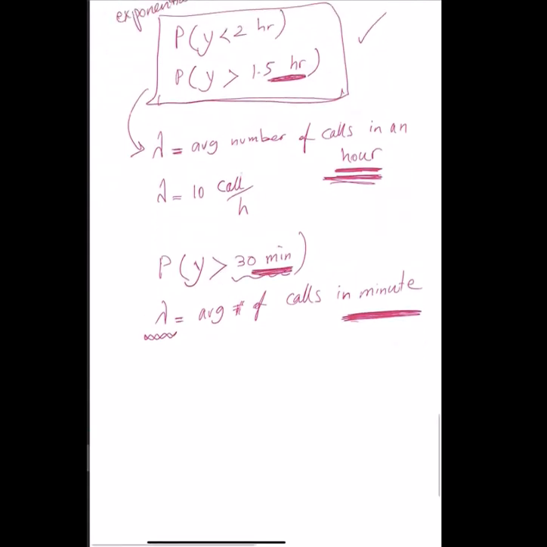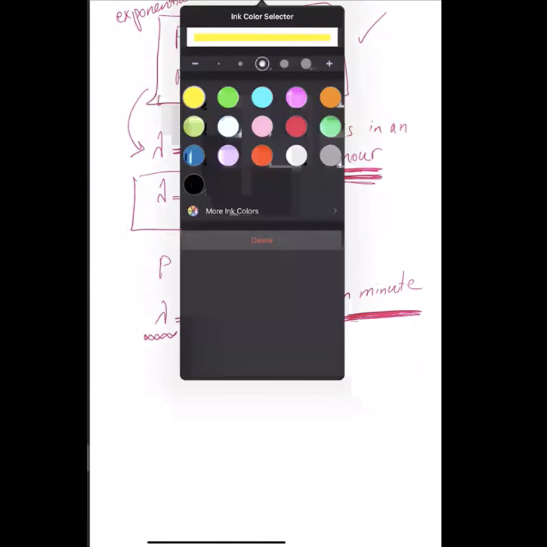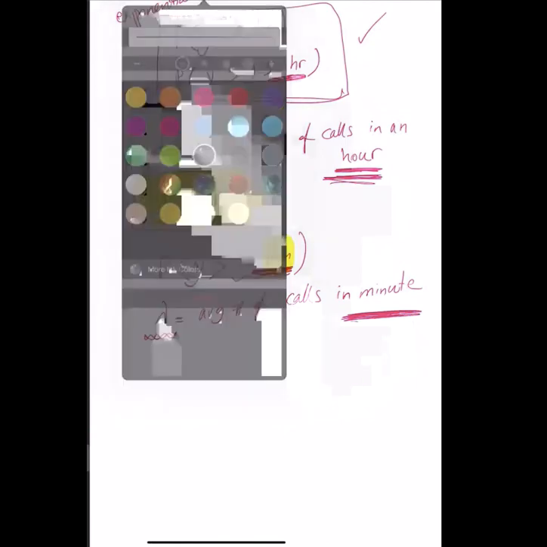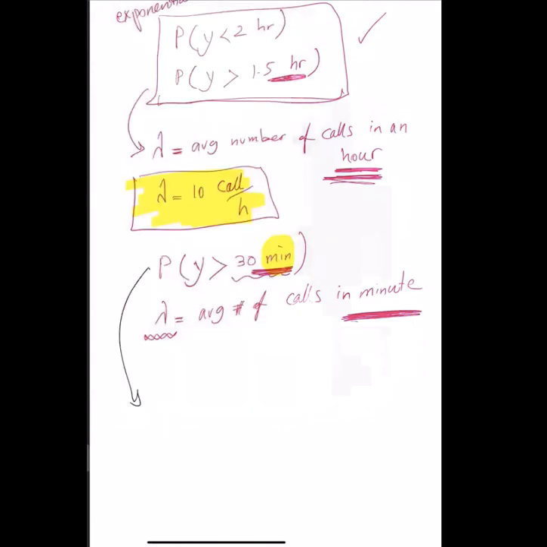If you still want to use the lambda in hour, the one that we already have, which gives us the number of calls in an hour, then change this time to hour too. That's fine. Then I'm going to rewrite this as the probability of y greater than, if I want to change that to hour instead of 30 minutes, I have to write what? 30 minutes is how many hours?